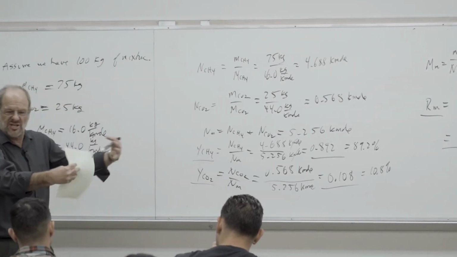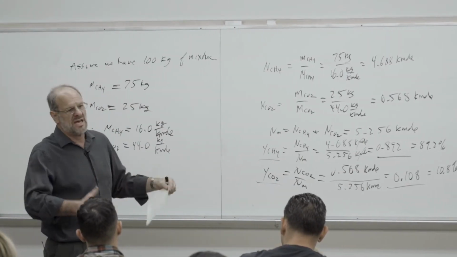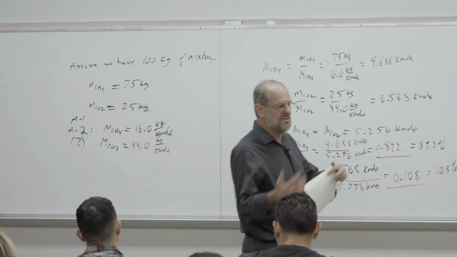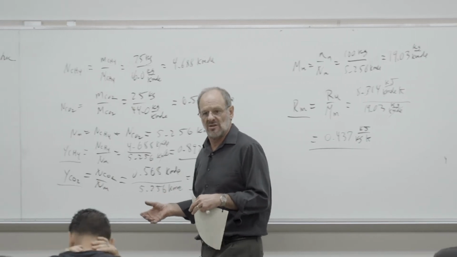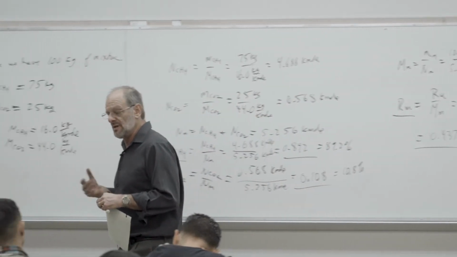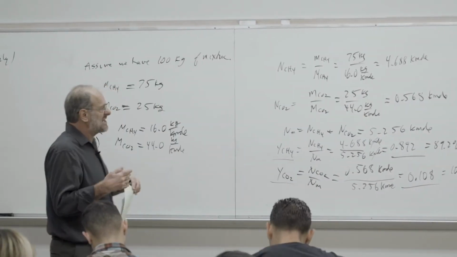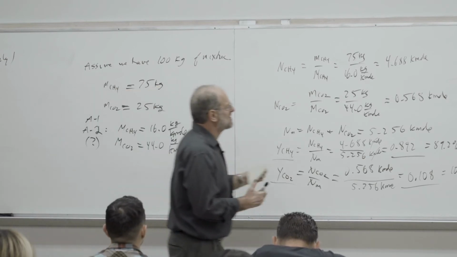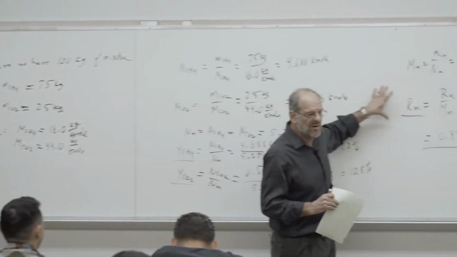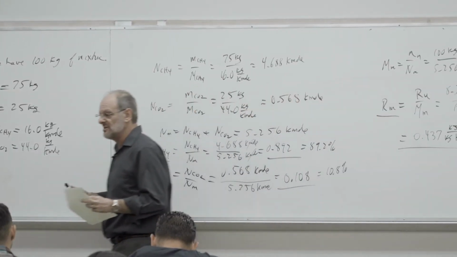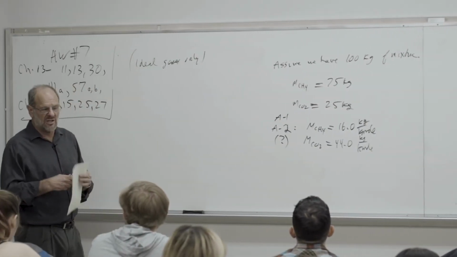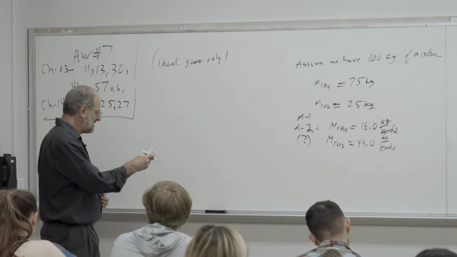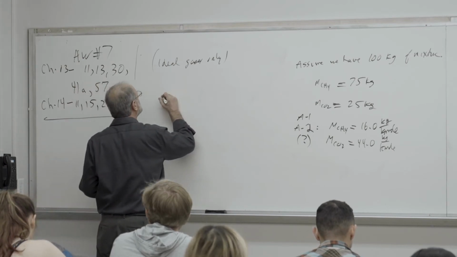Everything we looked at are just general relationships, right, between masses and moles and mass fractions and mole fractions and molar masses and gas constants. There's nothing that says it has to be an ideal gas to go through any of these problems. I mean, granted, we're looking at gases and we're using gas constants, so clearly we're talking about gases, but the general relationships are just general relationships. These laws, Amagat's law and Dalton's law, specifically apply only to ideal gases. So let's look at these.